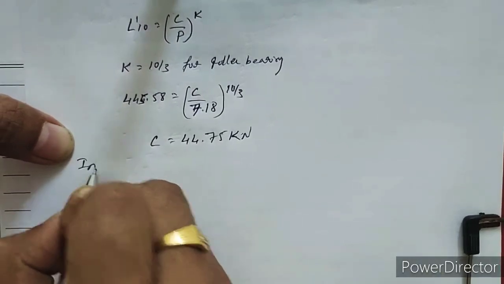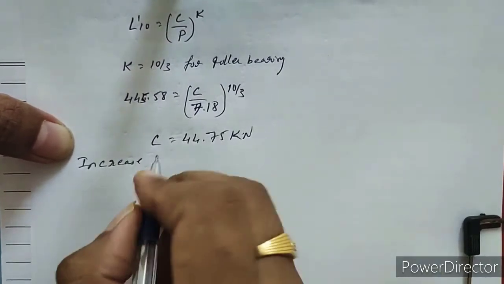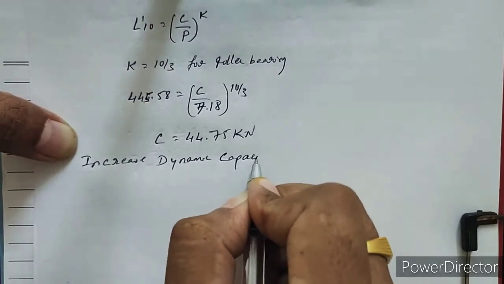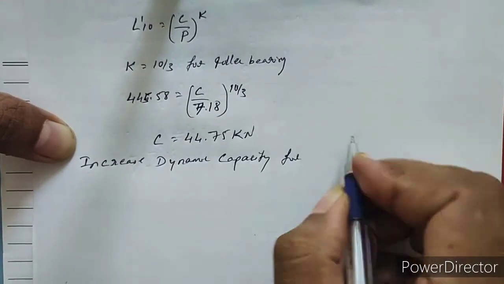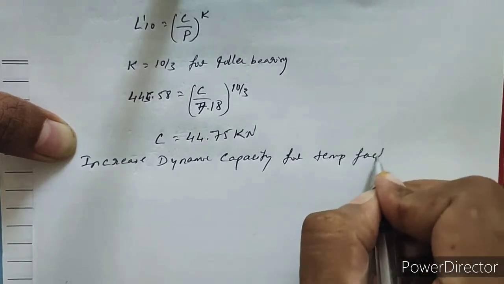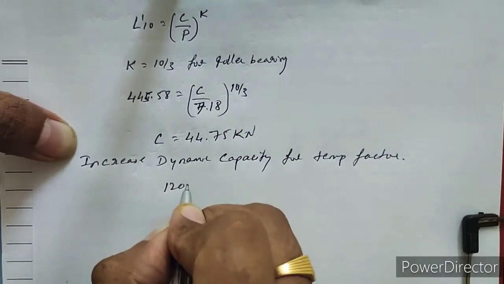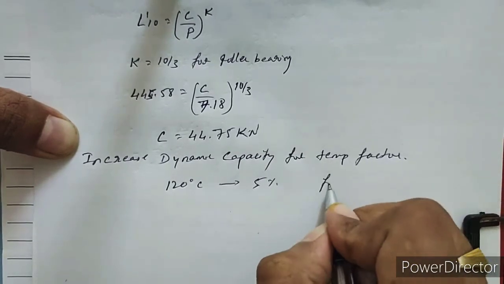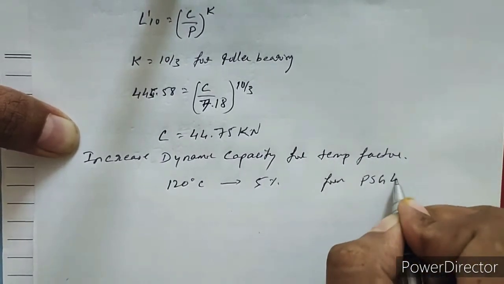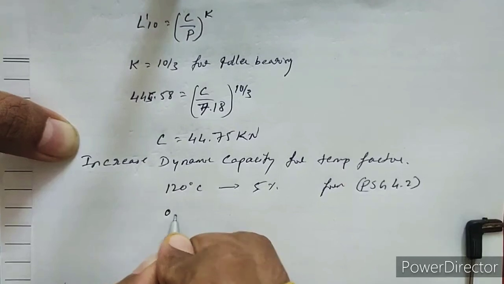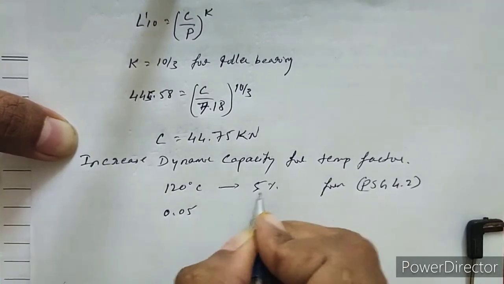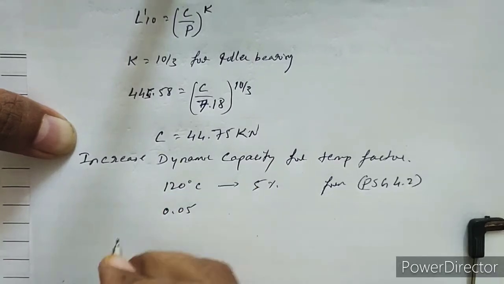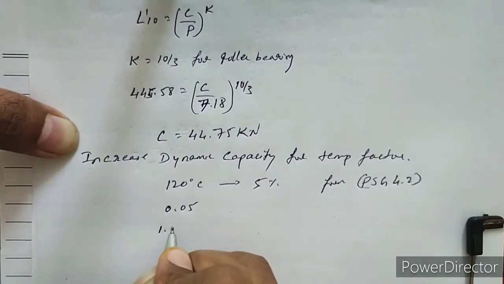Get the temperature factor. Here the temperature is given as 120 degrees centigrade. From PSG 4.2 we can see that for 120 degrees we have to accommodate 5%. So 5% means 0.05, so we will add: 1.05 into 44.75.